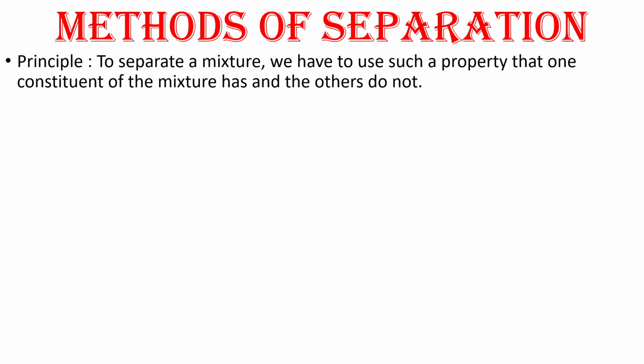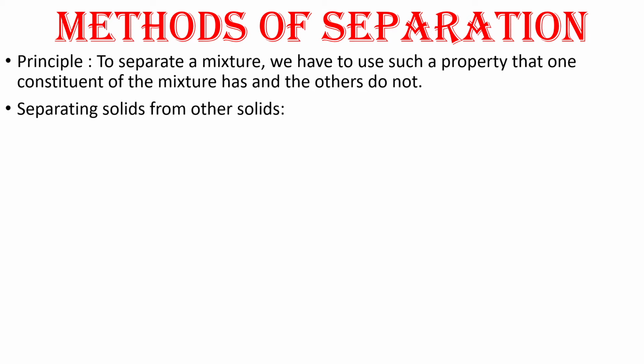Now, the principle: on what basis do I separate substances from a mixture? The principle is that to separate a mixture, we have to use a property that one constituent of the mixture has and the others do not.